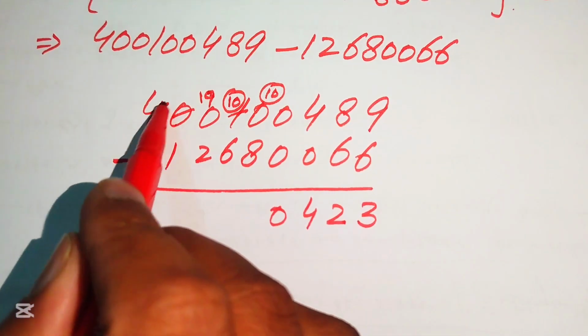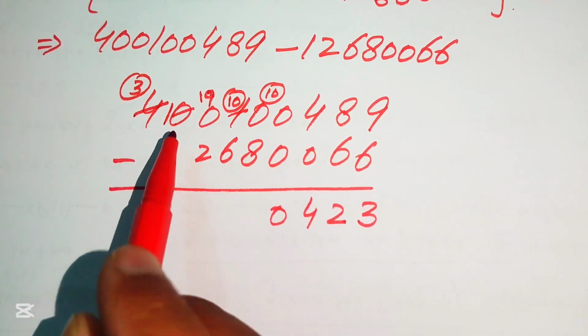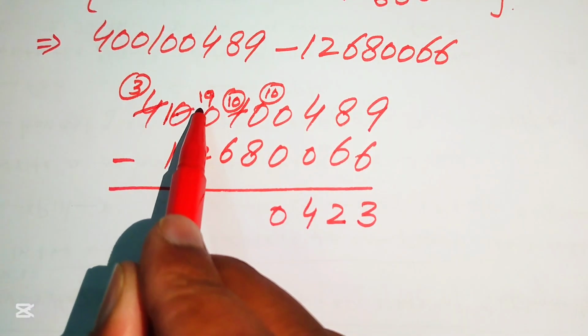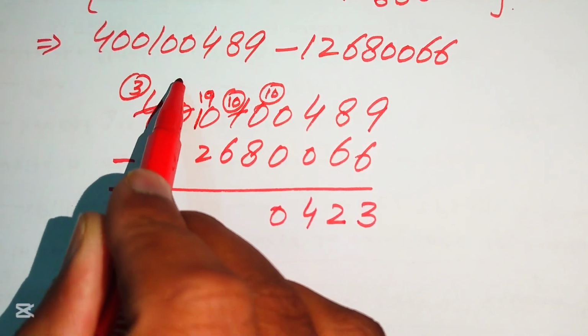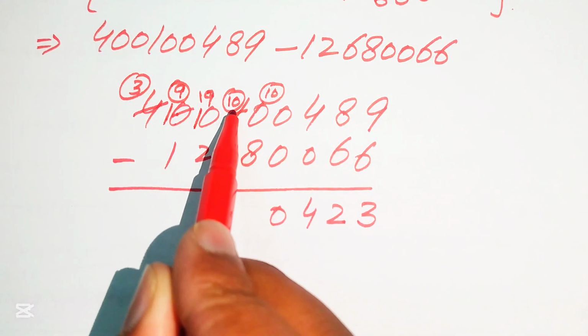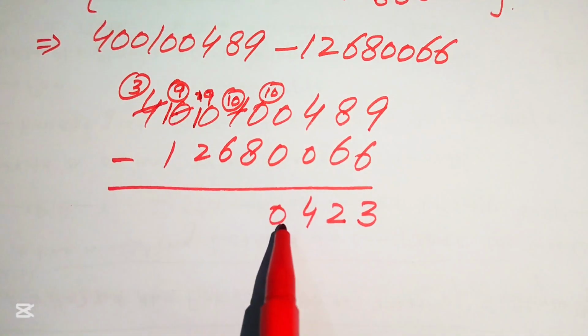So here we take this 4, and this number becomes 10, and when you take one from this 10, this number becomes 10. Here we get 9, and when you take 1 from here, this becomes 10, and here you get 9. Okay, so we get 0 minus 0, 0.